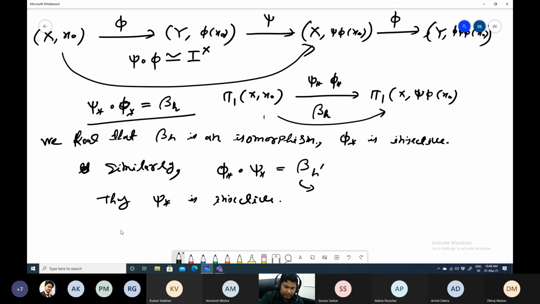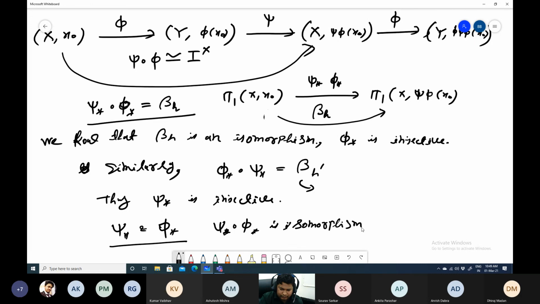So you have psi star and phi star, both injective, and psi star composed with phi star is an isomorphism. Thus, you can check that phi star is surjective as well.